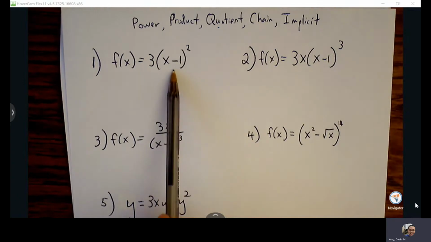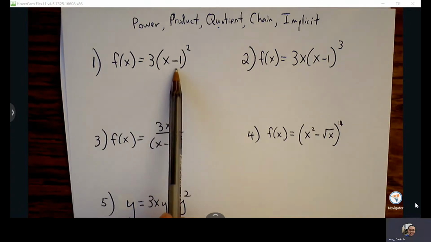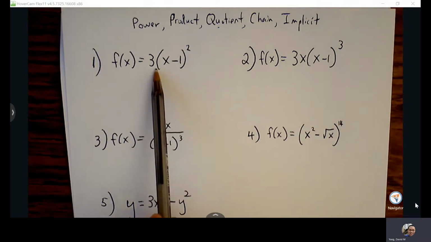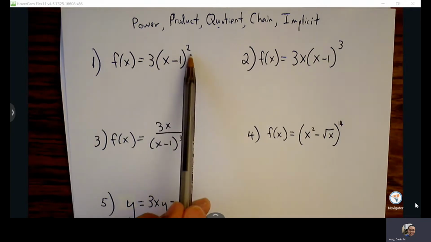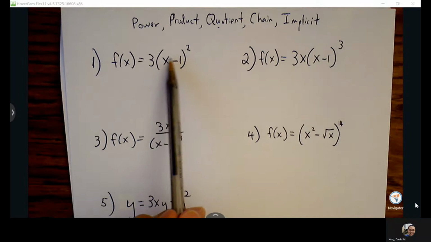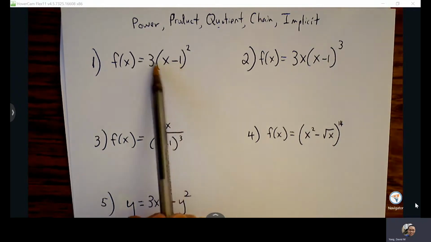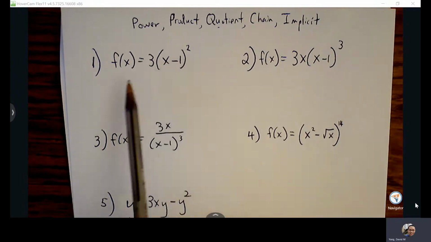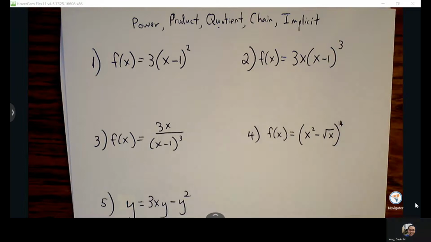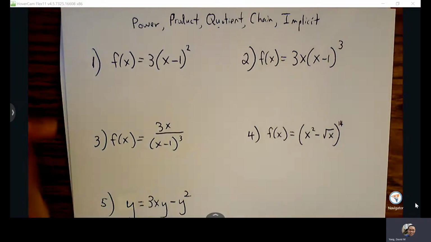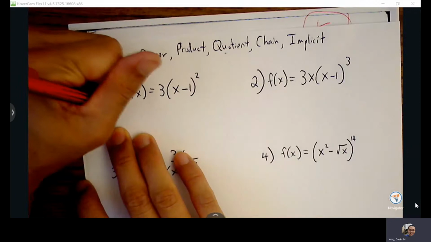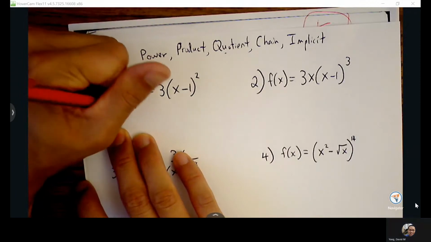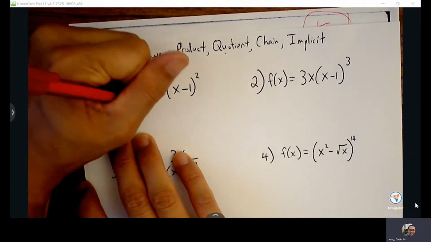How did you handle this on the quiz? Basically, you see that 2? That 2 is low enough for you to expand. So if you expand it out, you can get rid of the parentheses pretty easily and just rely on power rule. So for number one, we do need a little bit of cleanup effort, but we shouldn't have to do too much more than power rule once we take the necessary steps.